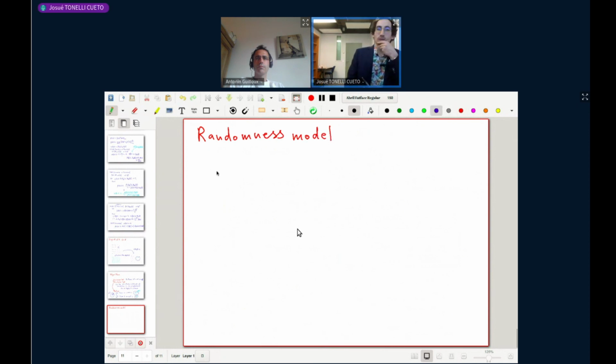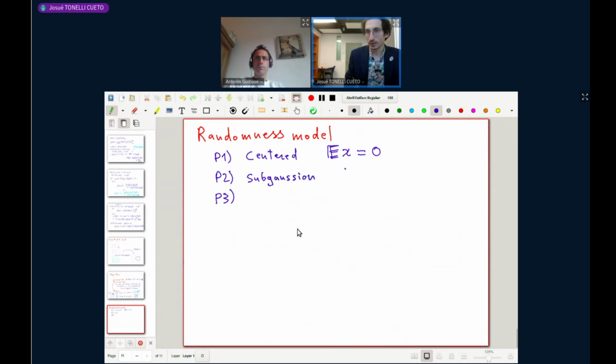So here, usually there are 3 probabilistic properties. Let me call them P1, P2, P3. The first one is centered. This just means that my random variable has average 0. Then sub-Gaussian.